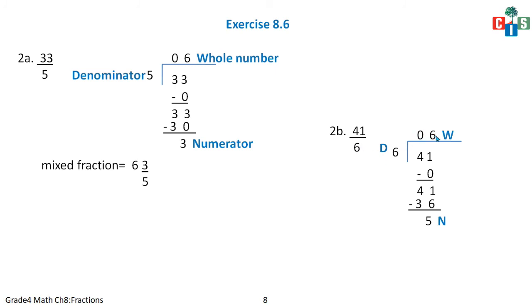Okay, this 6 is the whole number, the quotient 6. Okay, and then you will write it likewise. The whole number will be on the side and the remainder will be the numerator and the denominator will be as it is. This 6 will be as it is. Are you getting it? Okay, fine.